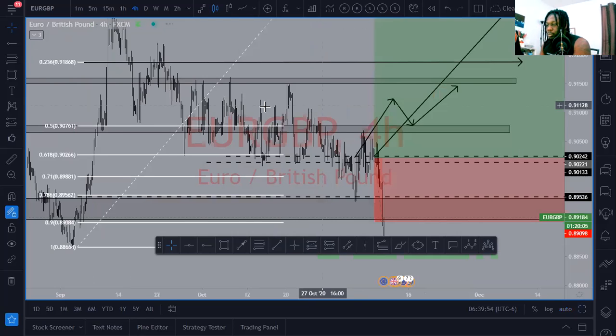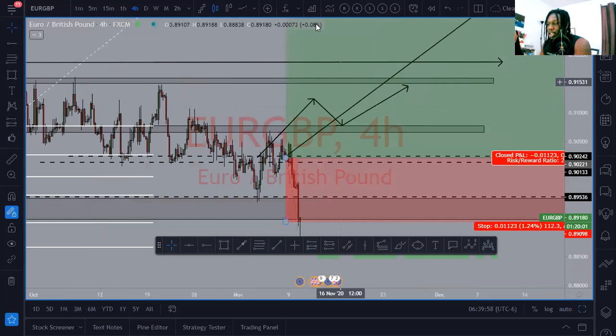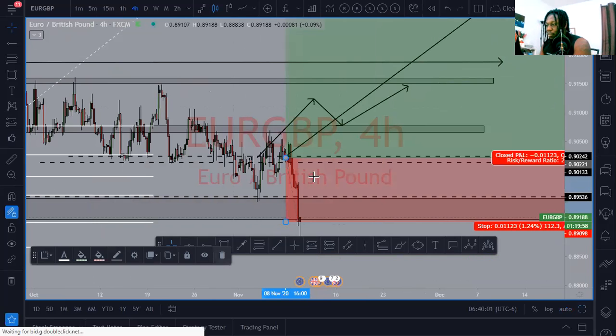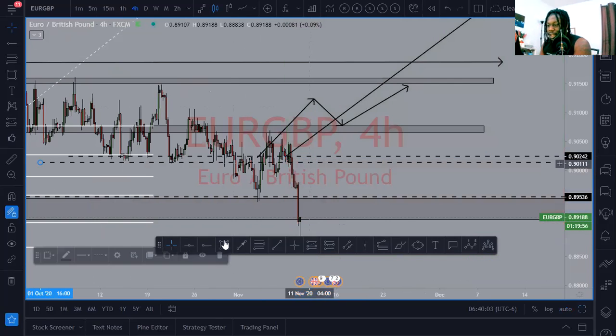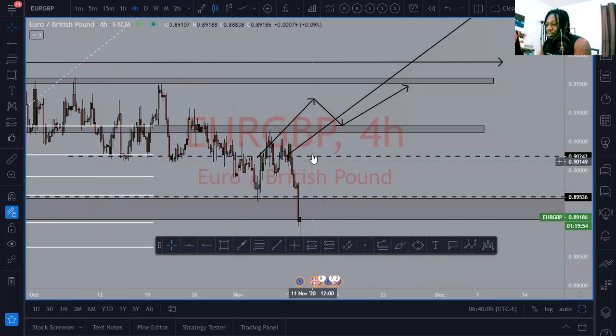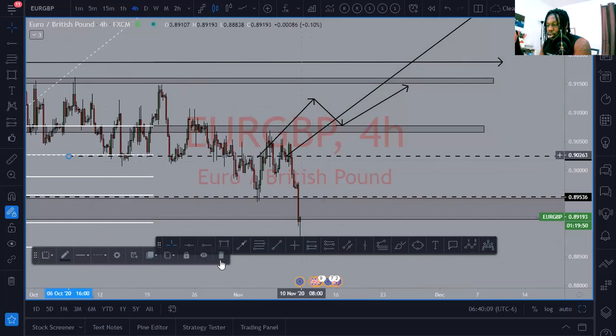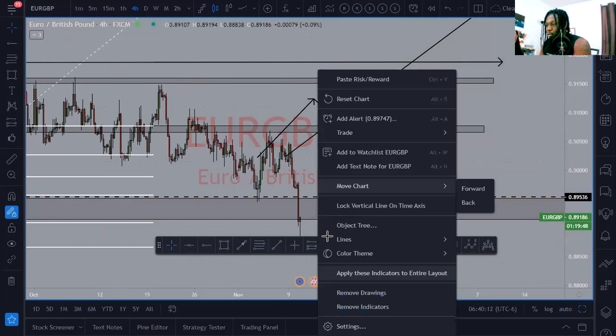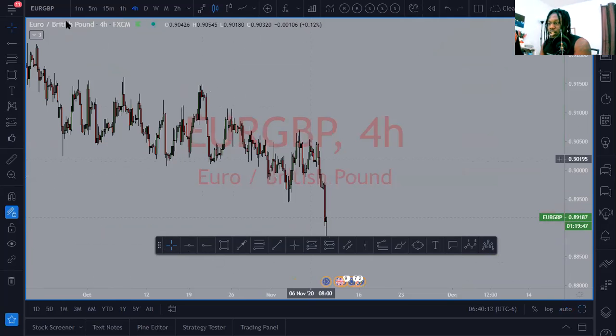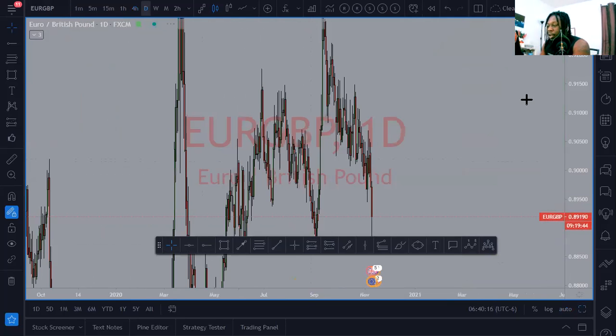So gonna go ahead and call this off, but I still think the buy is very possible. And I'll go ahead and show that very shortly. Or you know what? Let me just get rid of all this. Remove drawings. I can draw. I'm good at that. So daily time frame.